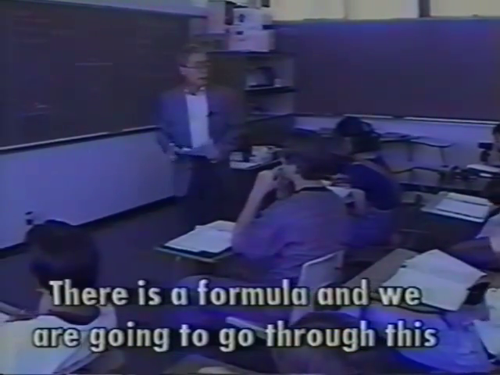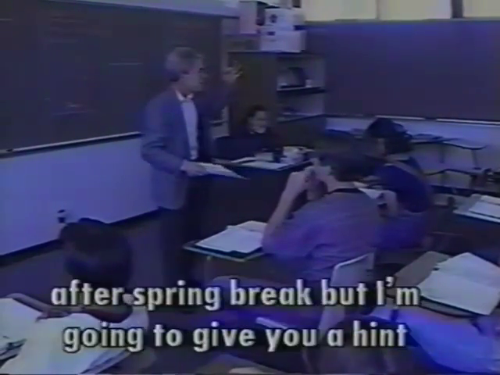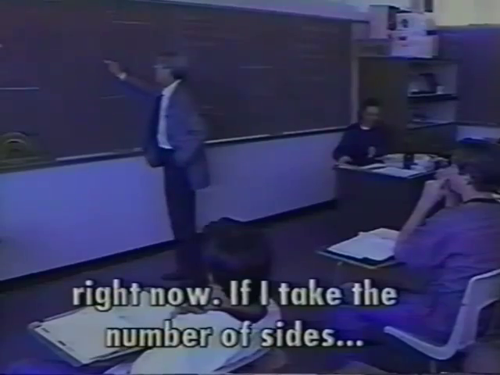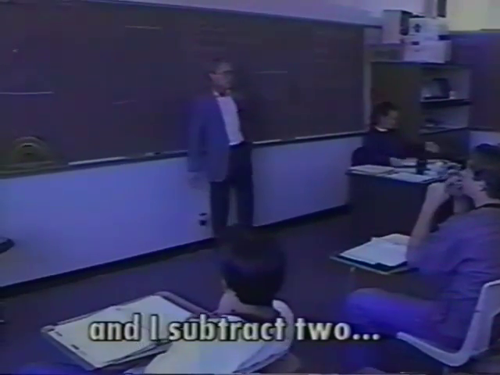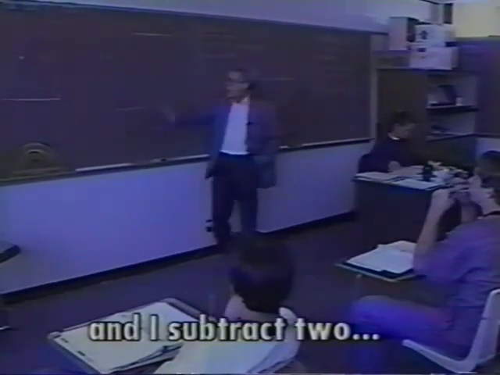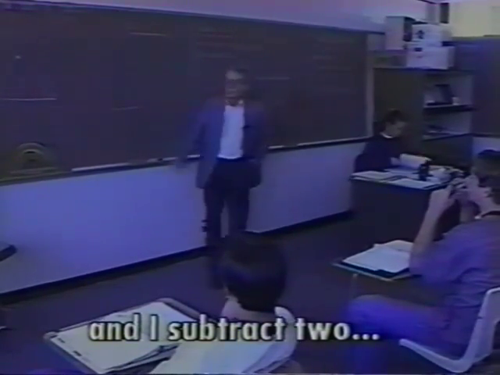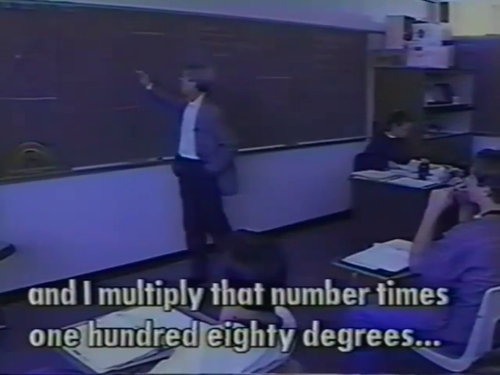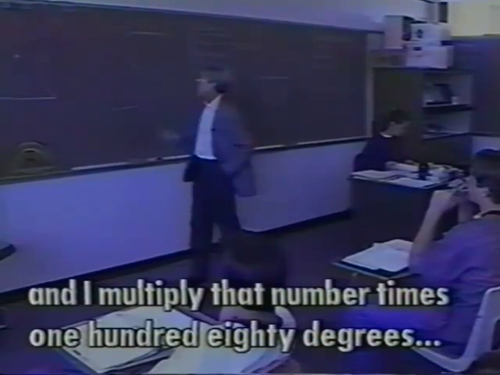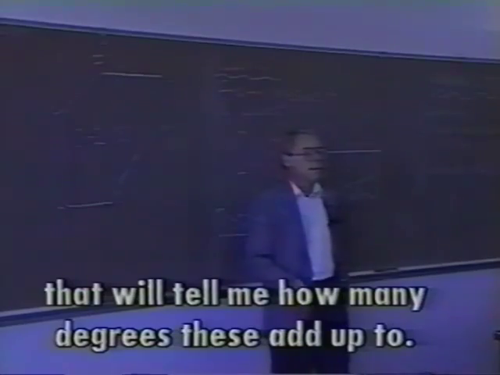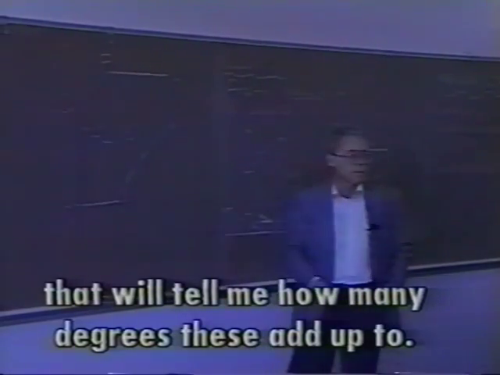There is a formula, and we're going to go through this after spring break, but I'm going to give you a hint right now. If I take the number of sides and I subtract 2, and I multiply that number times 180 degrees, that will tell me how many degrees these add up to.